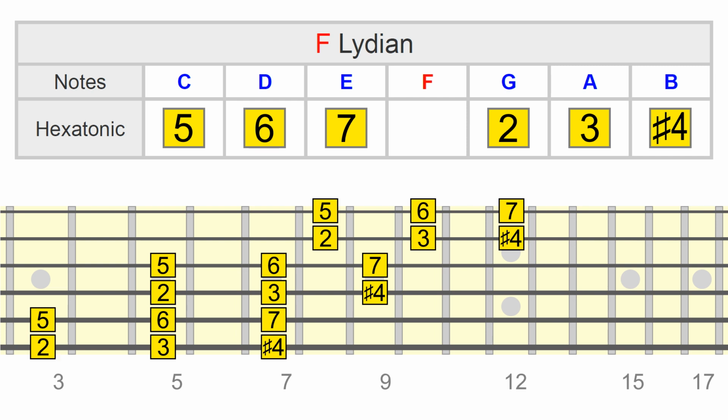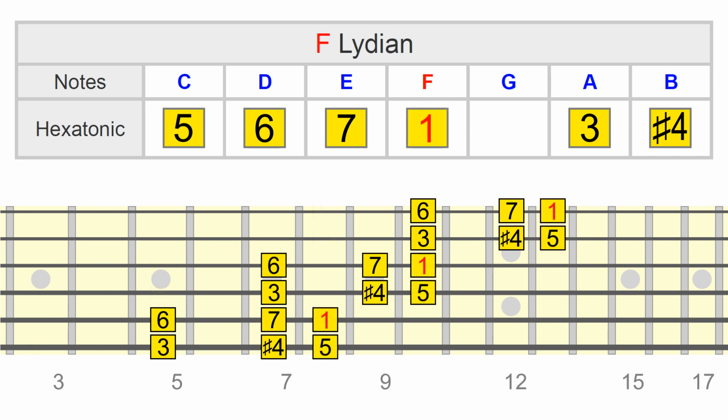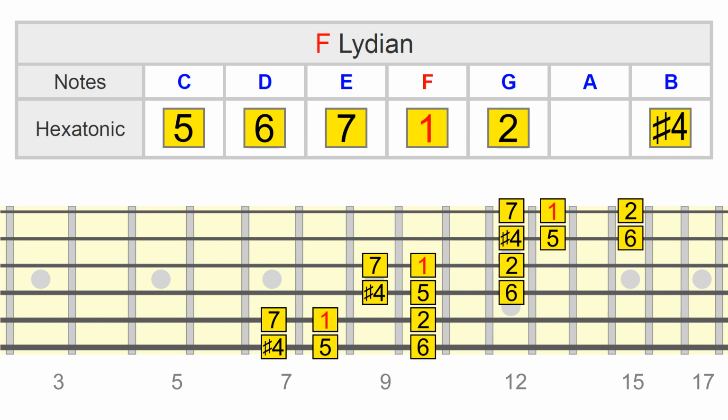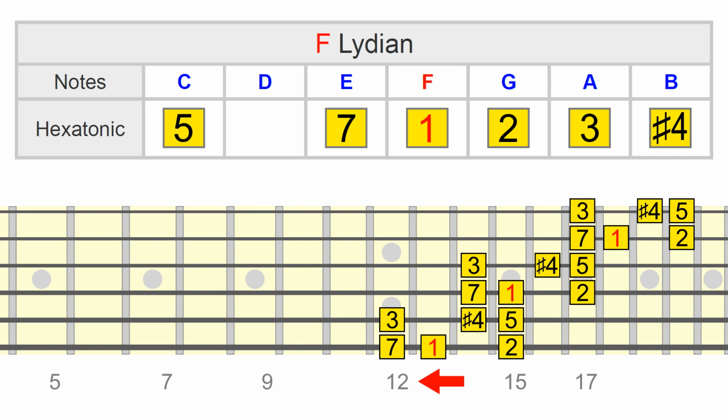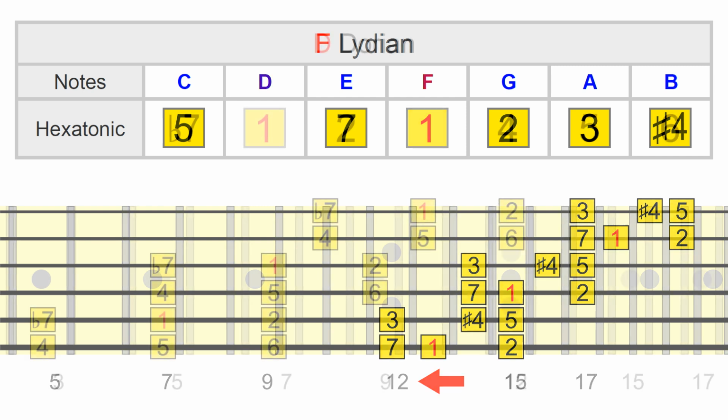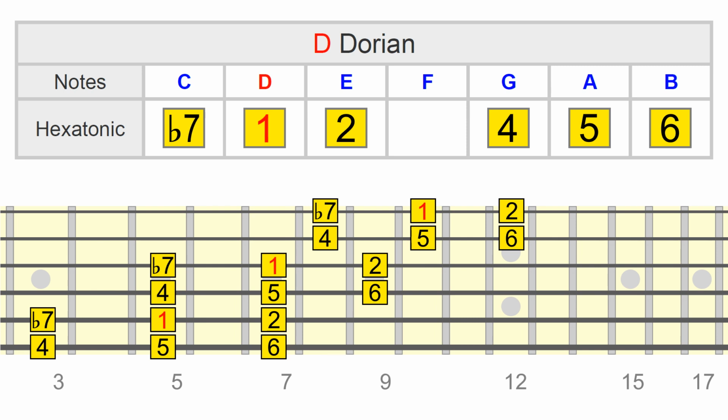This would be the equivalent of a Lydian flavor. Playing them over D minor, the 2 chord, will give us a Dorian flavor.